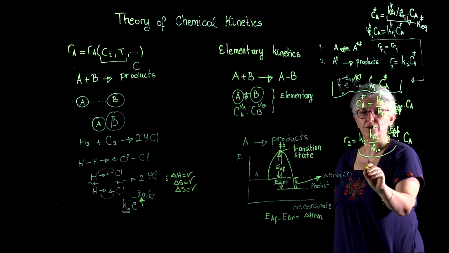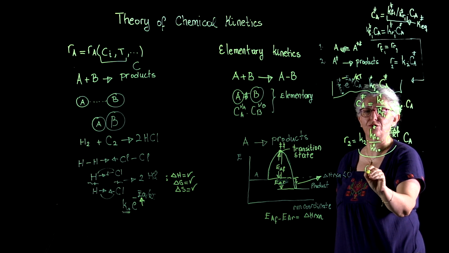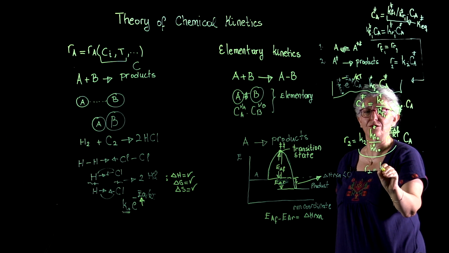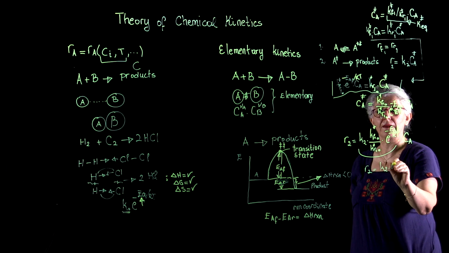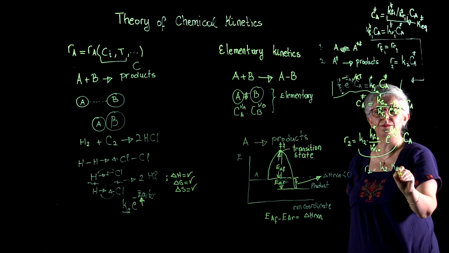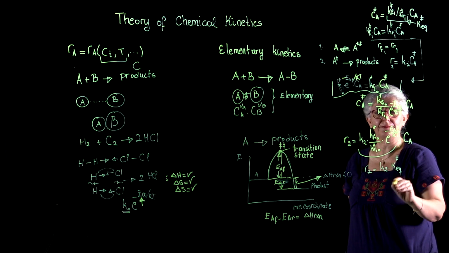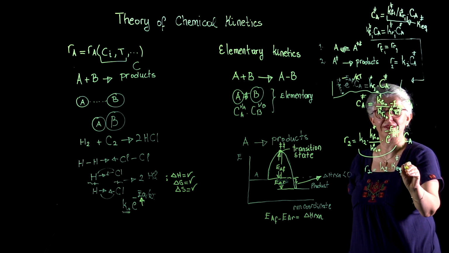So I'm going to rewrite R2 as K2 times K equilibrium dagger times Ca.